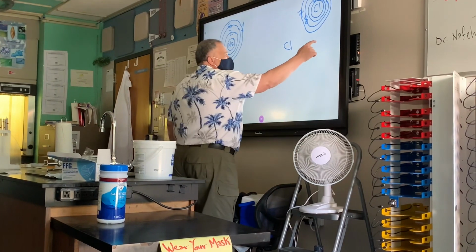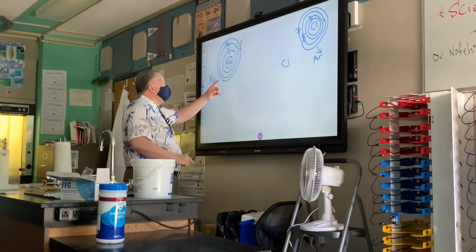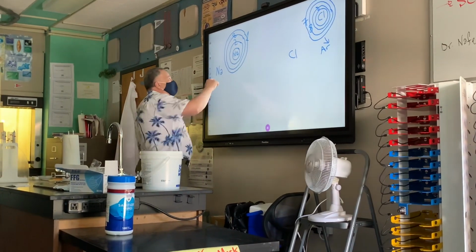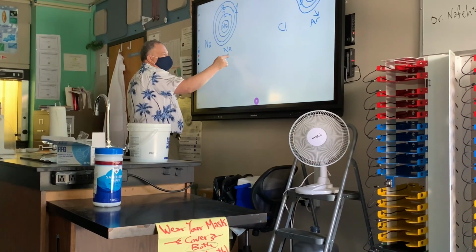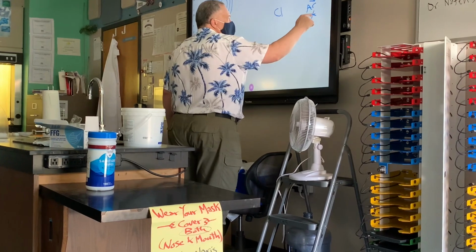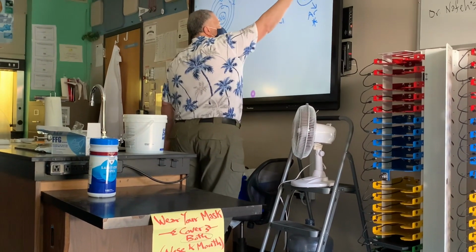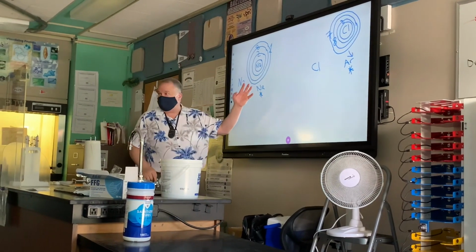And this one needs to get rid of its electron to become like neon. You see? This is the ultimate goal for each one of them. So this one wants to get 1 electron, and this one is desperate to get rid of the electron.